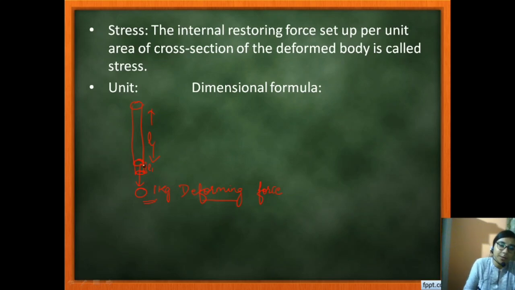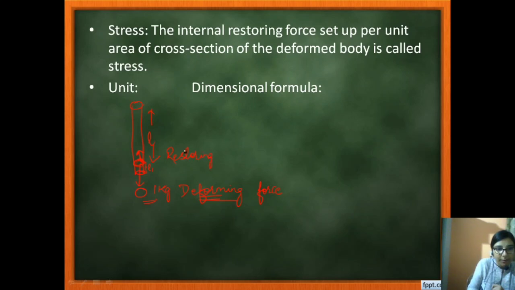Now we know that when we apply the deforming force, some restoring force will be developed inside the body because of elasticity. It will try to maintain its shape, and when the deforming force is removed, it will regain its original shape. The force that is developed inside the body, which is opposing the effect of the deforming force, is called restoring force.